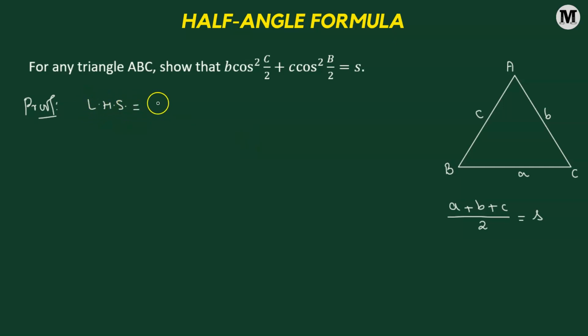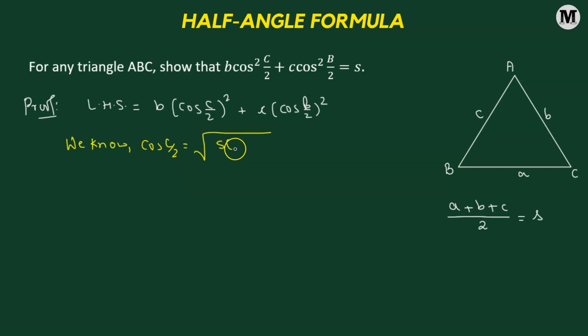So on the left-hand side, we are given b times cosine of C over 2 whole squared added to c times cosine of B over 2 whole squared. Now here what we'll do, we'll use the standard half angle formula. So we know that cosine of C over 2 is given by the square root of s multiplied by s minus the side opposite to angle C, so that's going to be c, divided by the sides that are adjacent to C, which are a and b, so we take their product.